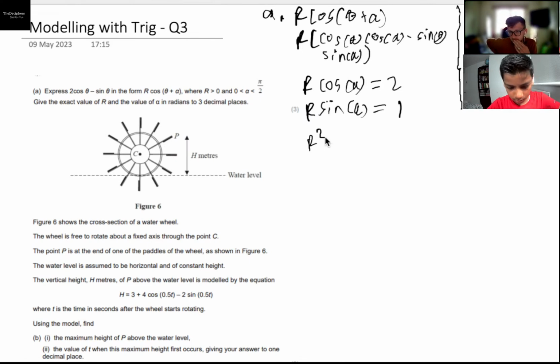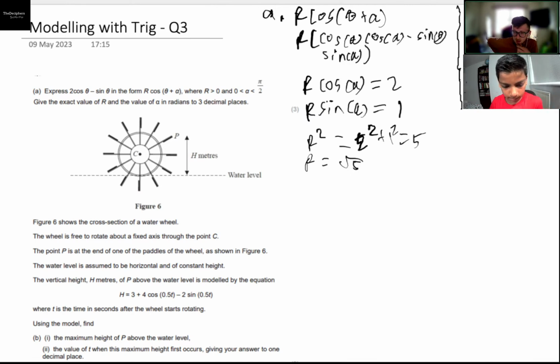So r squared is 2 squared plus 1 squared is 5. Great stuff. Yeah, so again, using that trick that sine squared plus cos squared makes 1, and this is what the examiner expects to see, just r squared equals 2 squared plus 1 squared being 5, so r is root 5 again.